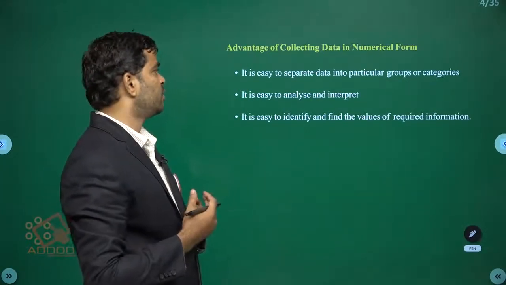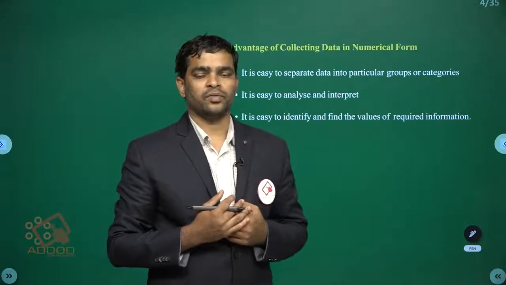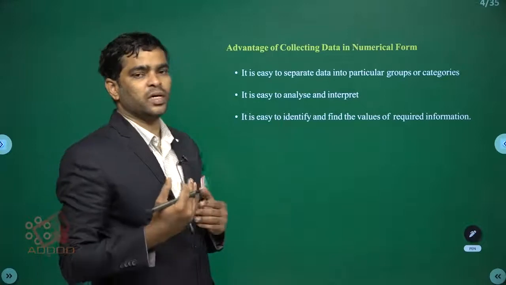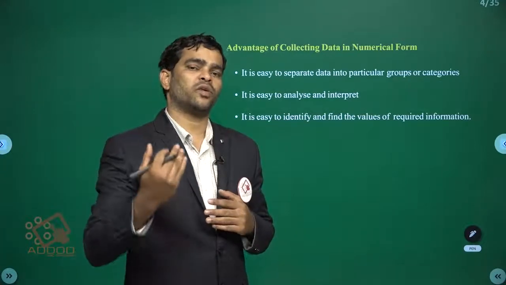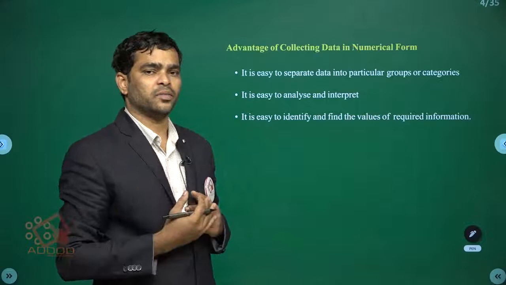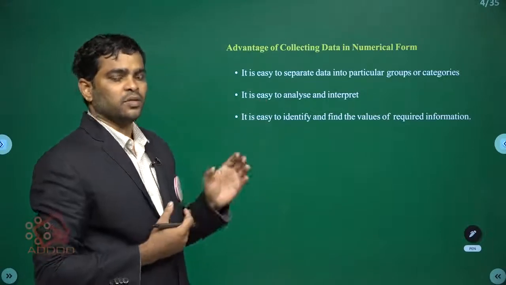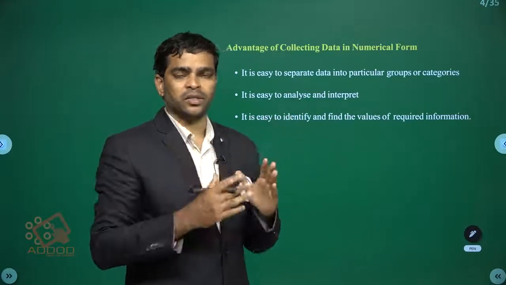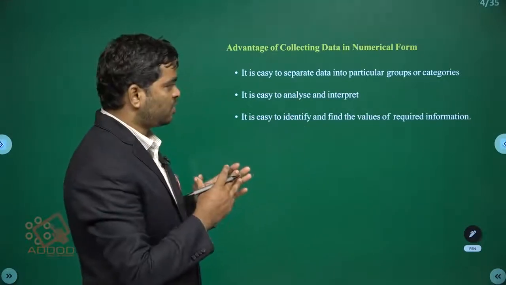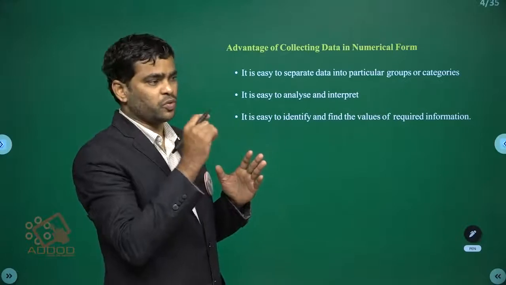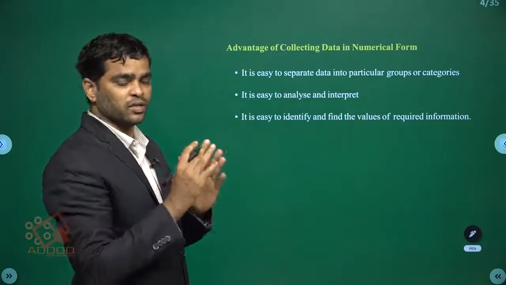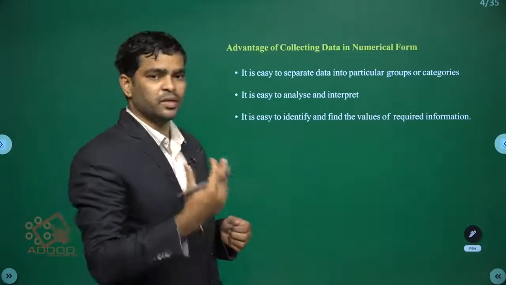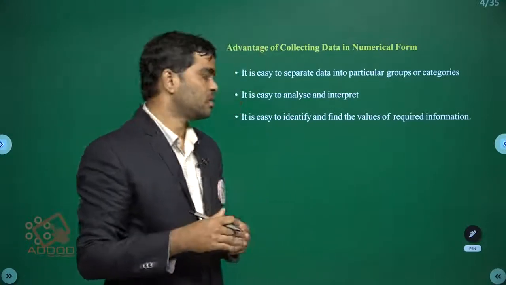For example, if you are collecting rainfall data for the past 10 years, what would the rainfall be this year or next year? We can predict it by looking at the data. In such and such year this much rainfall happened in a particular town, and from June to August this was the rainfall. So we can predict whether the rainfall will be more or less.